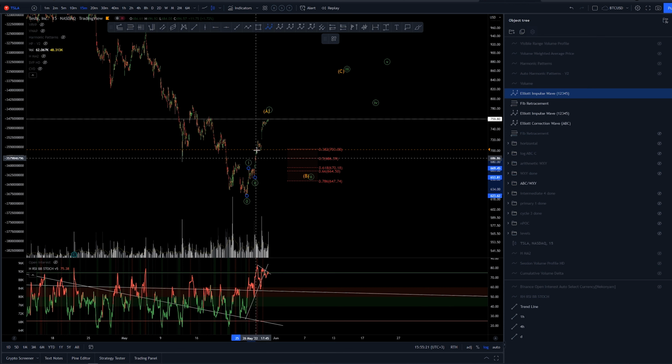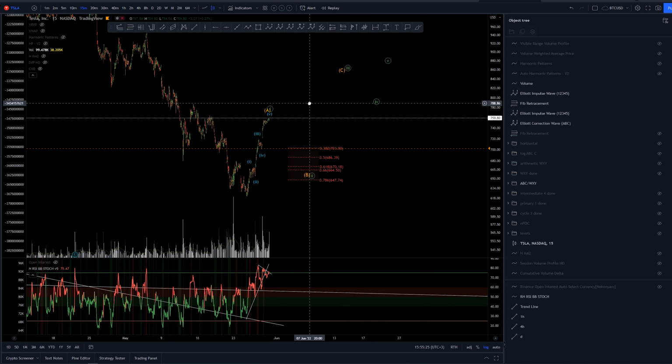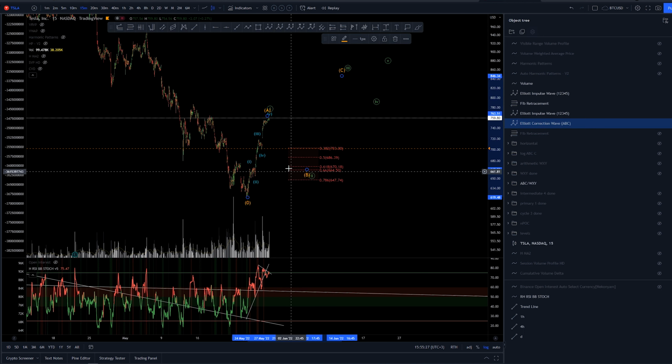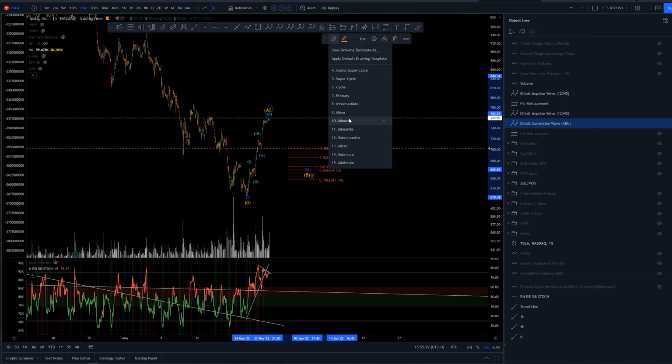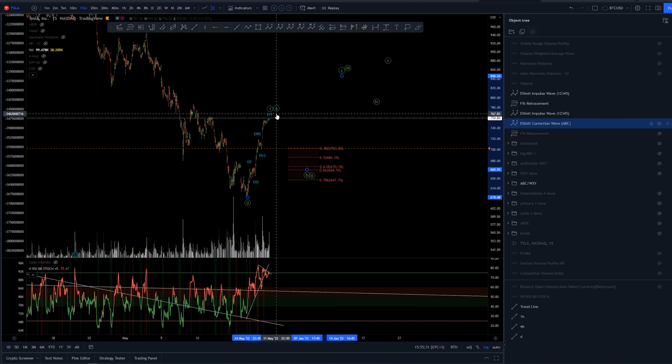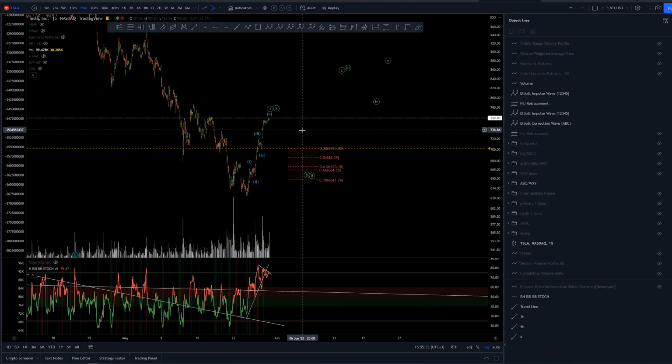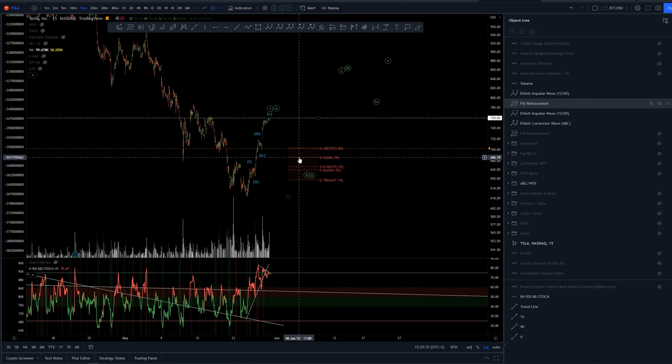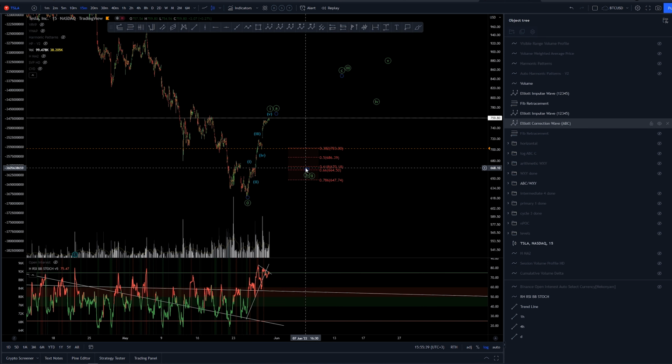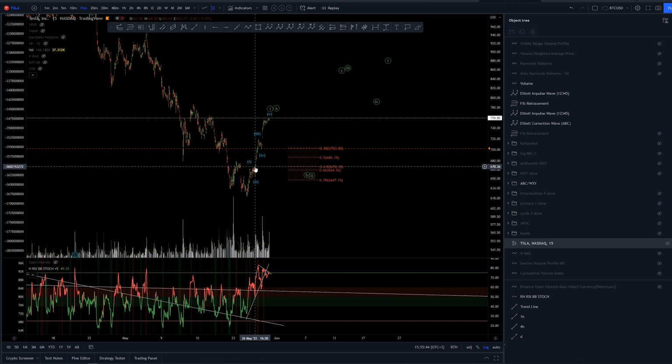Again, let me label that 1, 2, 3, 4 and 5, something like that, and let's use this as a minute as well. But again, we would like to see more lower targets like the 0.5 and the 0.618 hit. We do have the support here around the 0.618, the golden pocket with these previous highs.